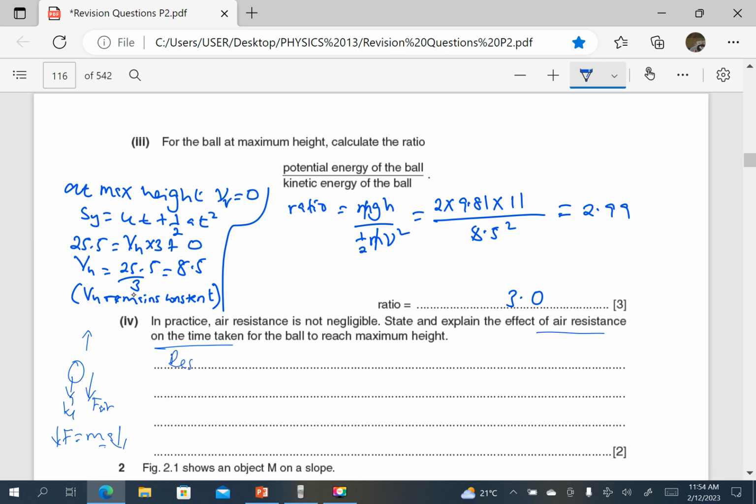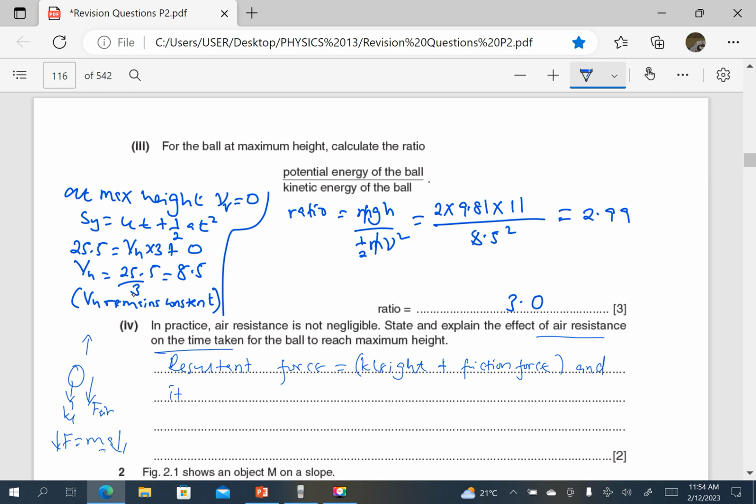Therefore, we shall say the resultant force equals the weight plus frictional force, or air resistance. And this is greater.